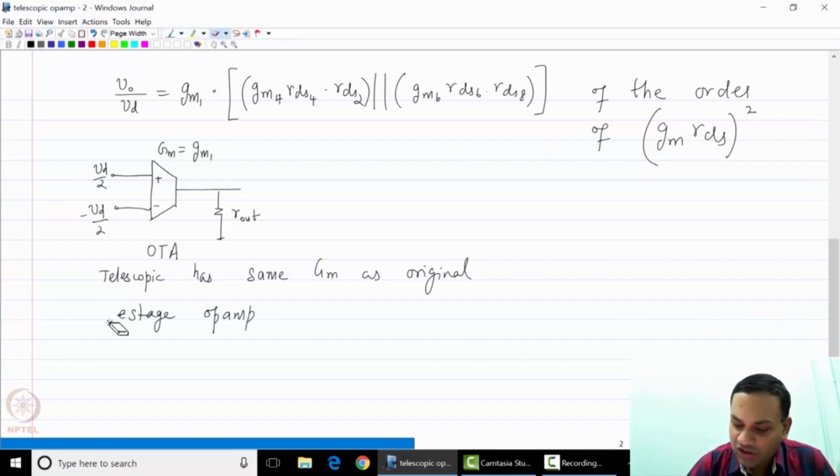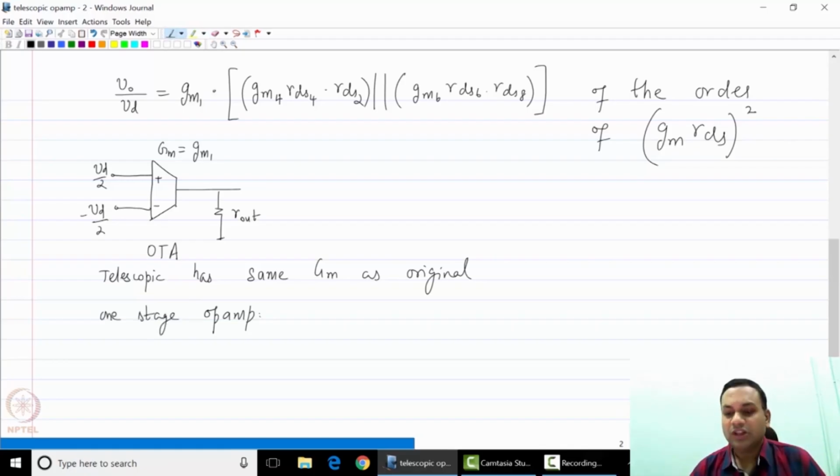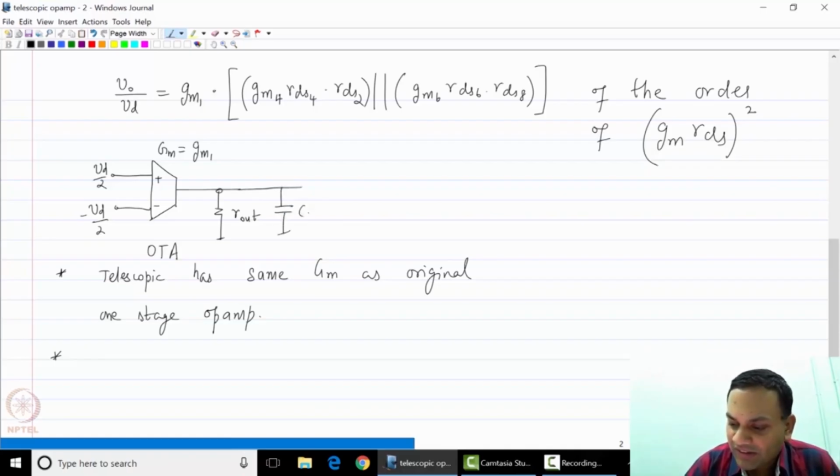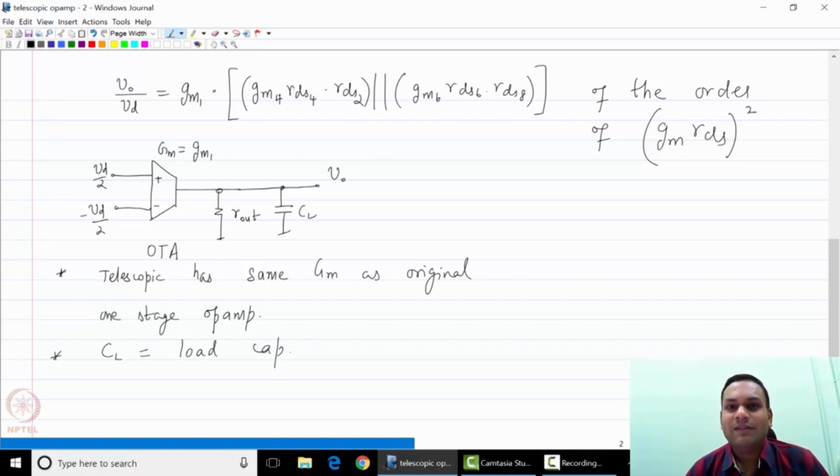Is the same as the original one stage op amp. So that is something very important. The other thing to note is that if you were to drive some load capacitance CL, you will now have a pole at the output node.